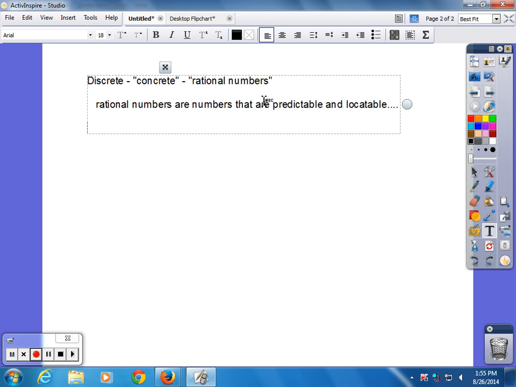Okay, here we go. 2, negative 3, 5.5, 1/2, 1/6, negative 6/7, 5, negative 10, 3, negative 7.